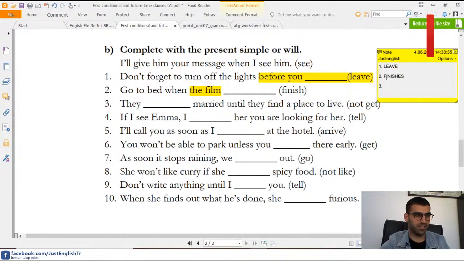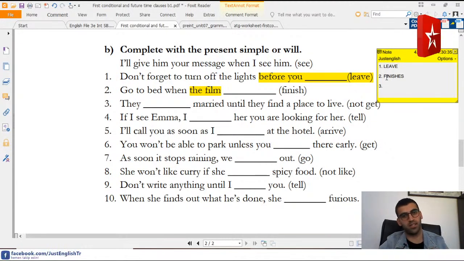As you know, present simple for the third person, we add s or es to the end of the verb. I work, she works. The film starts. Okay, the film finishes.